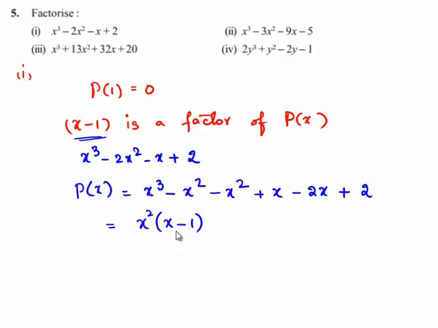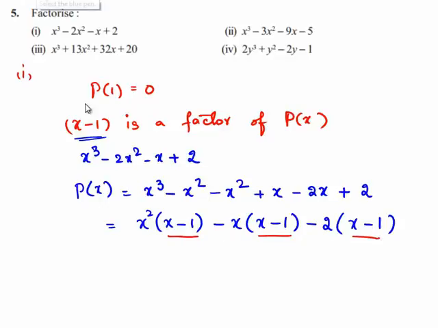Now taking x as common, we get x minus 1 as a common from the first term, and from this we can take x as a common. This is x times x minus 1, and from this we can take minus 2 as a common. So we'll be getting x minus 1 as a common. So if we observe, we can find x minus 1 as a common from the first 3 terms.